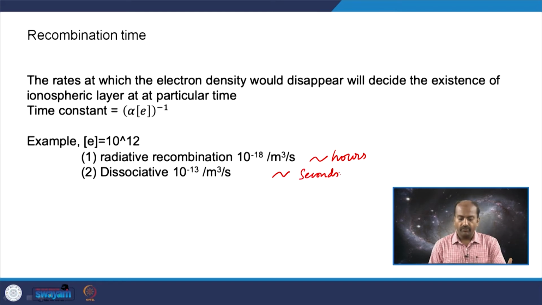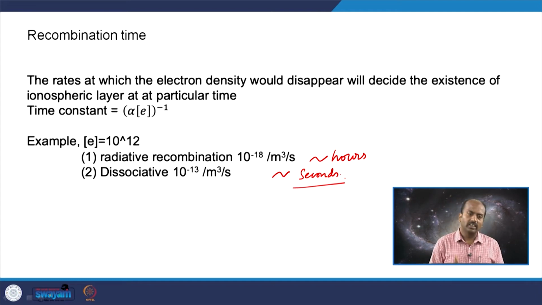So, if dissociative recombination is the only process working in the ionosphere to take care of the electron density, it will take only a few seconds or a few minutes at the maximum for the entire electron density to disappear. But if radiative recombination is the only process by which electrons and ions recombine, it will take several hours, which will stretch beyond the duration of the night.